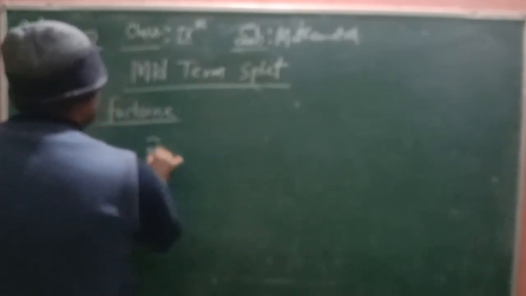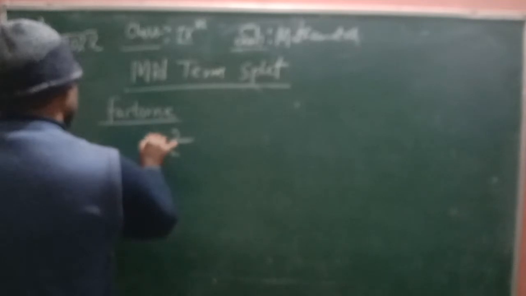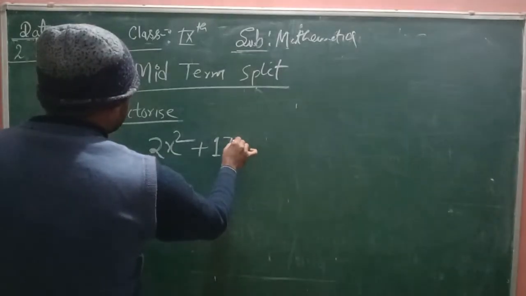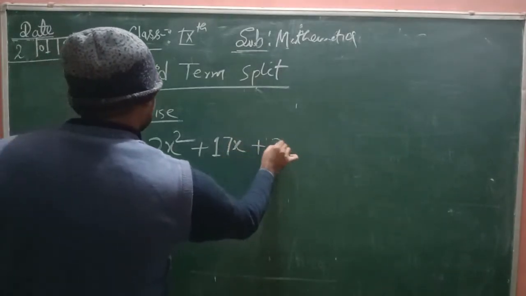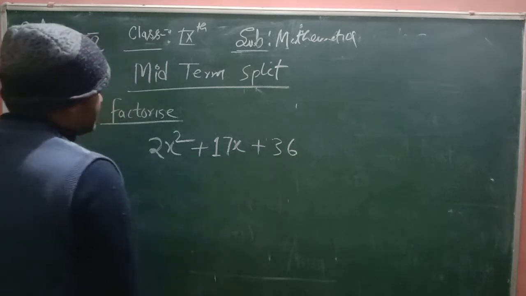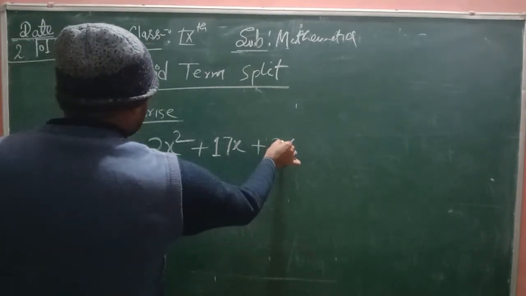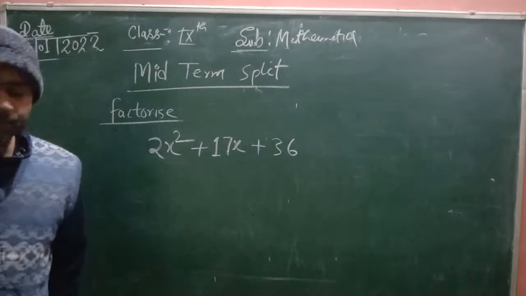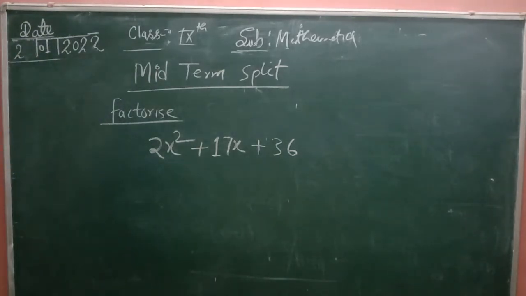Now factorize 2x square plus 17x plus 36 using midterm split.